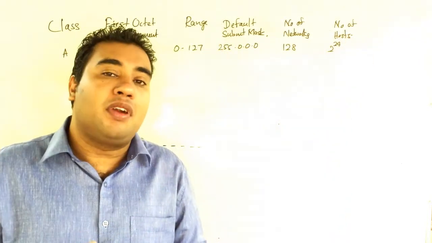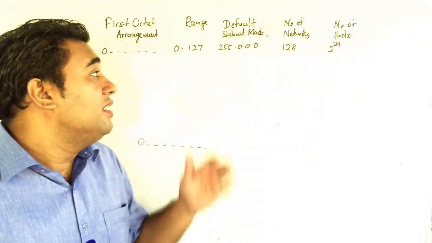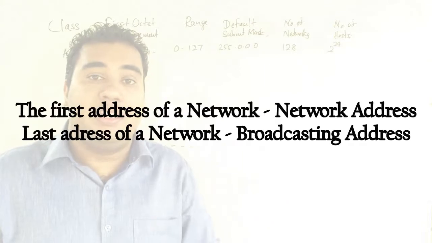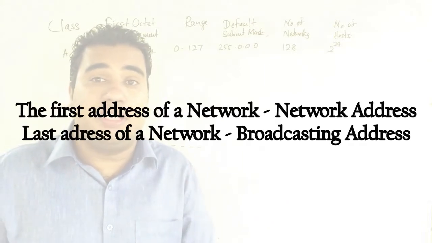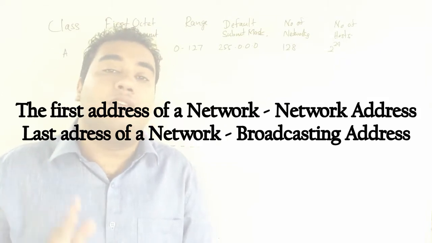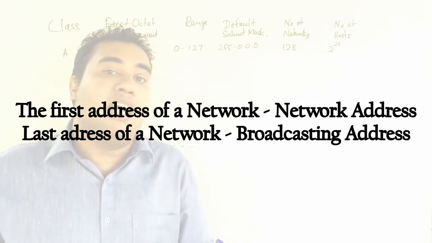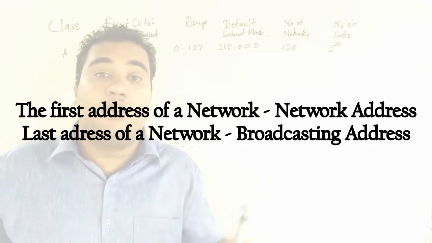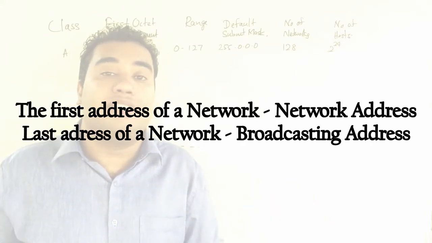But there is a little problem actually. The first address of the network is called the network address of that particular network, and the last address of the address range is called the broadcasting address.